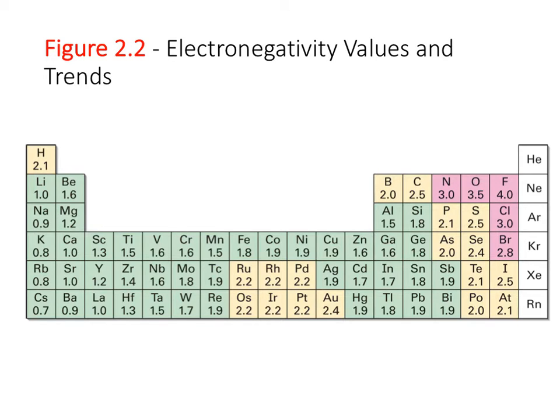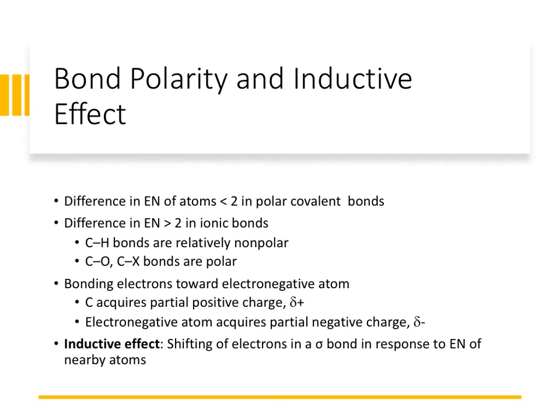So you can see the highest number here is a 4. That is assigned to fluorine, and that means fluorine is the most electronegative element. And if you notice, the elements on the right-hand side are a lot more electronegative than the elements on the left-hand side. There's some general rules we can use here.